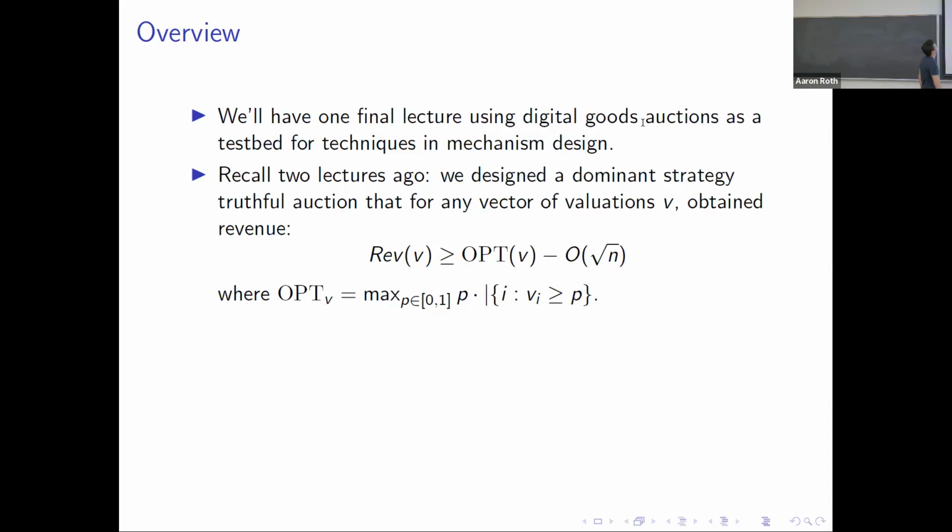And then we gave this online auction via the polynomial weights algorithm that had an incomparable guarantee, but that you might view as better than a 4 approximation. It gave this additive loss. It said you could do as well as the best fixed price in hindsight, that was the revenue obtained by opt, minus something that looked like the regret term of the polynomial weights algorithm, which was like, if there's n bidders, root n, if 1 bidder arrives over time.